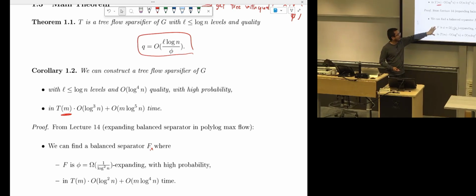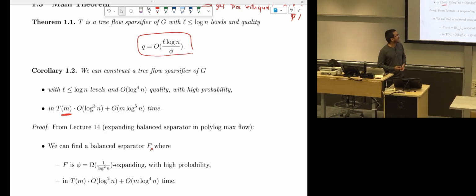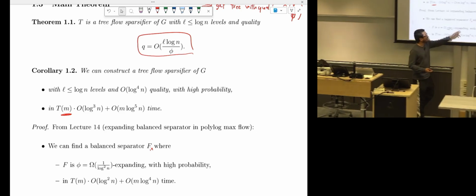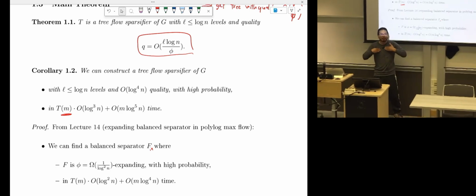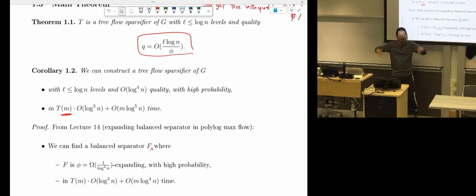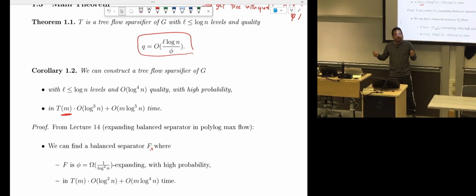But how to build the whole hierarchy? We compute F in, and then one more max flow call to compute F out. That's the running time for one level of the hierarchy. There are log n many levels.